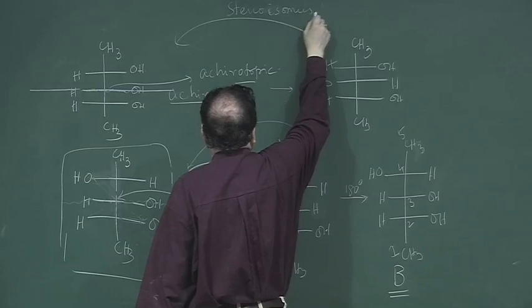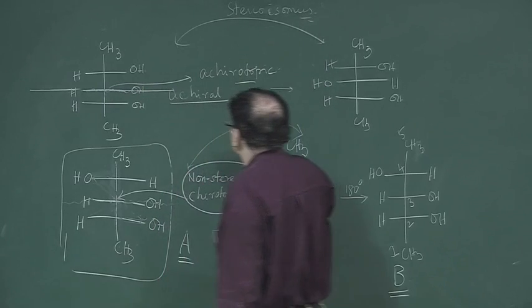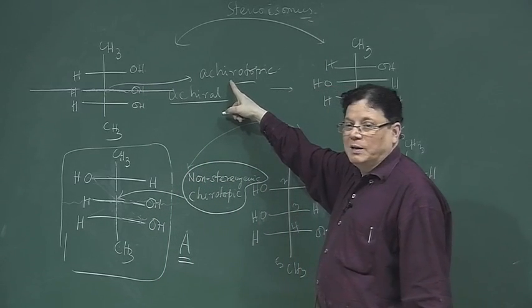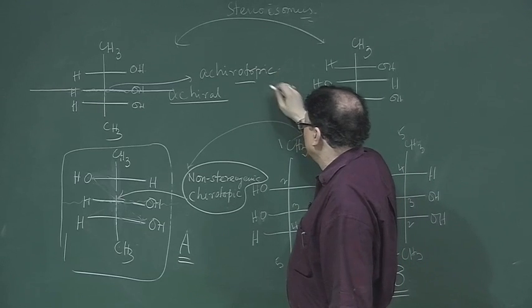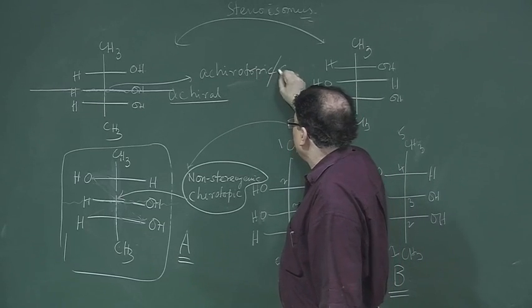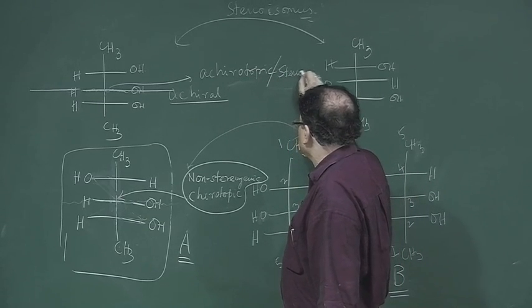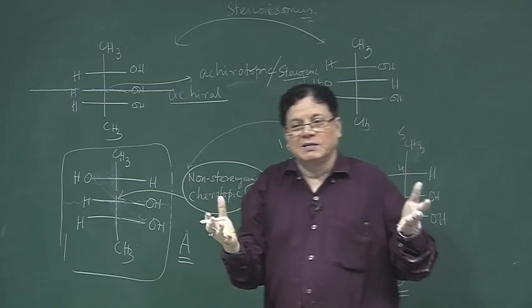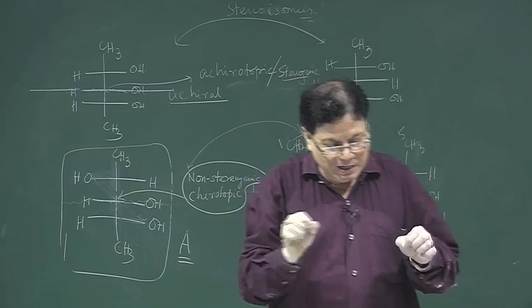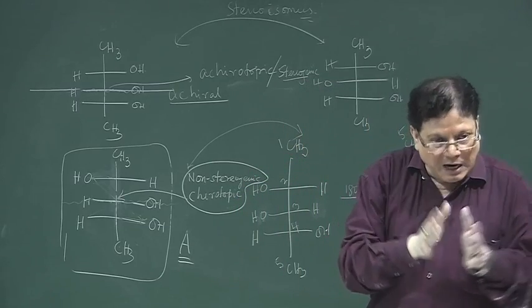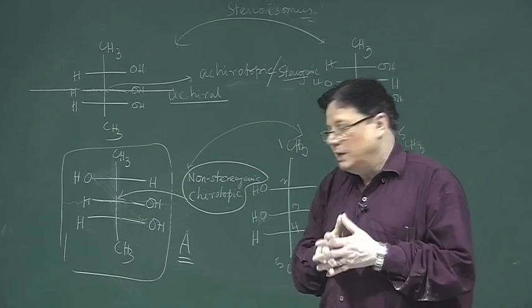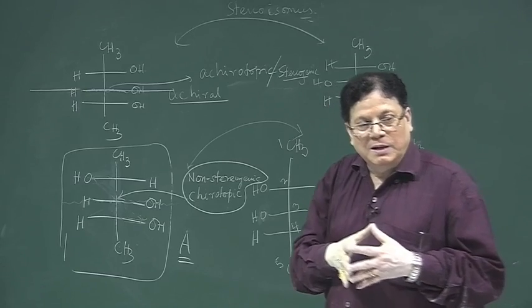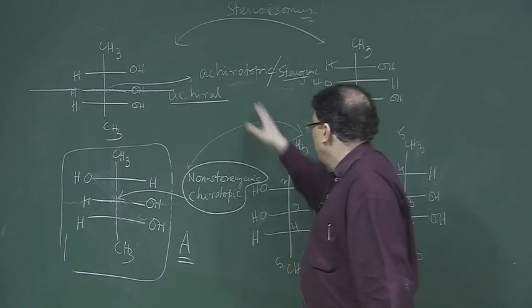So, this carbon is what? This carbon is achirotopic, but it is stereogenic. So, that means there are different situations a carbon can have. A carbon can be chirotopic and stereogenic. A carbon can be stereogenic, but achirotopic.